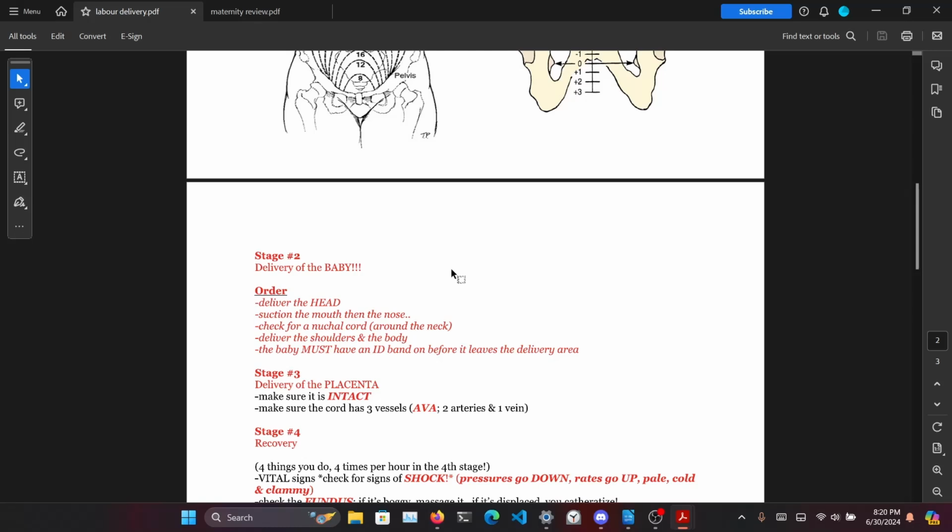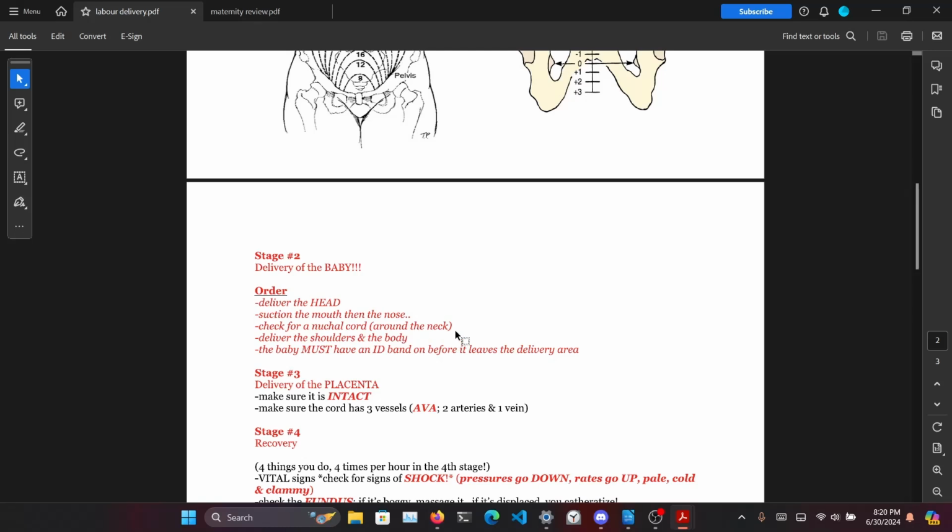First happens the delivery of the head. When the delivery of the head happens, as a nurse, your part should be to suction the mouth and then the nose. This question comes on NCLEX: in case you have to suction, you suction the mouth first, then the nose.